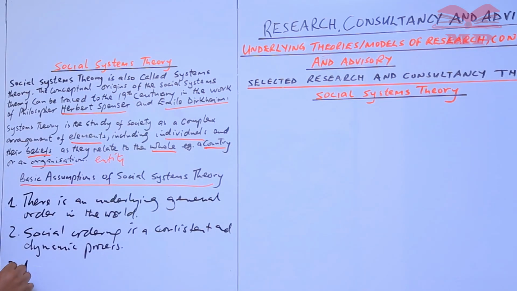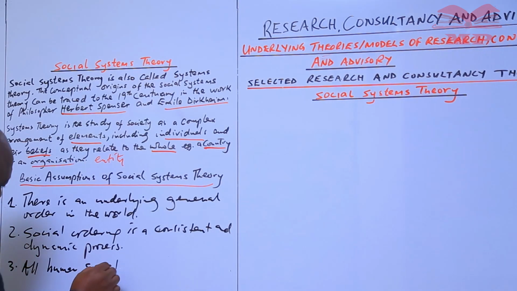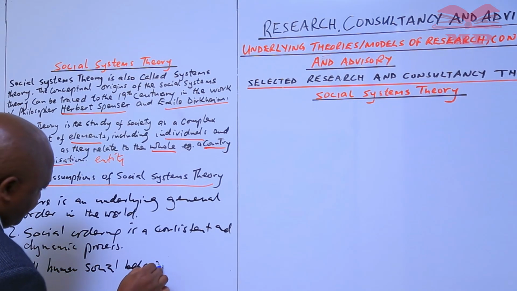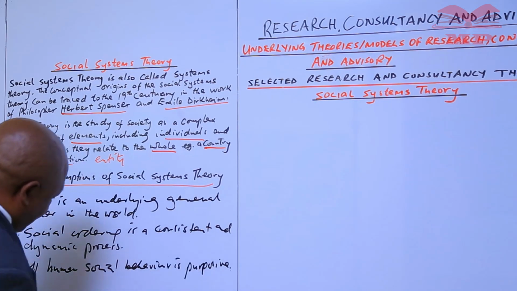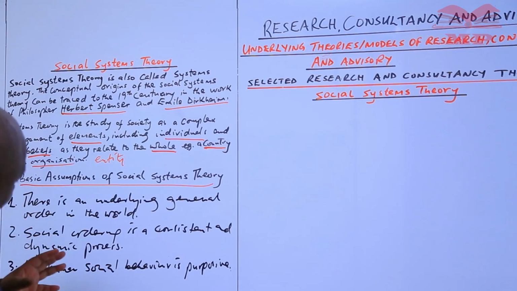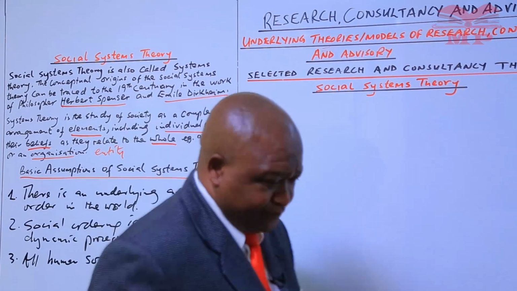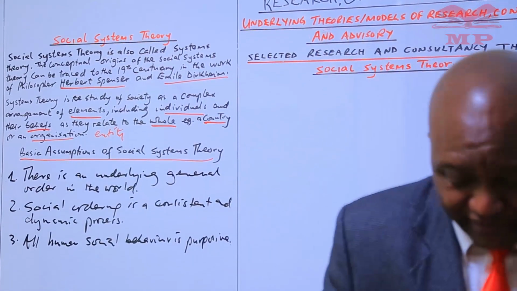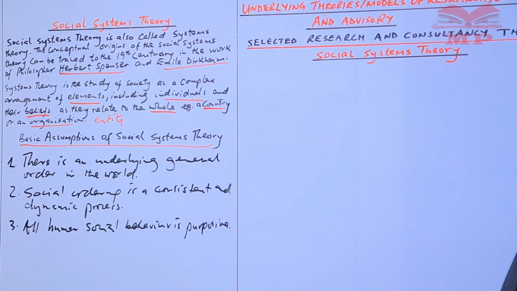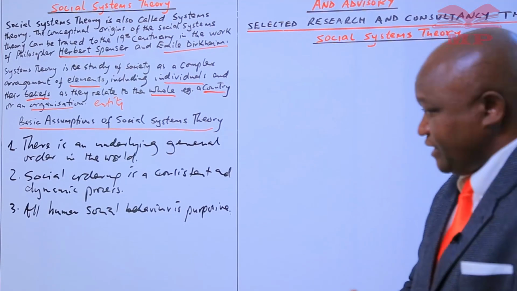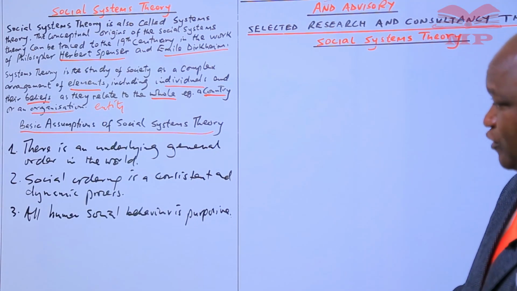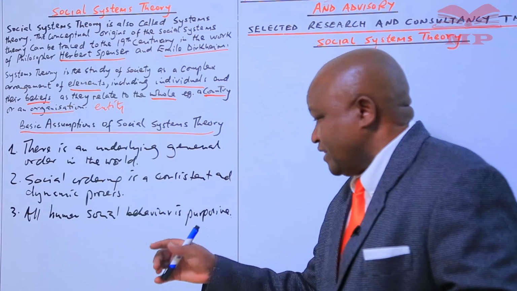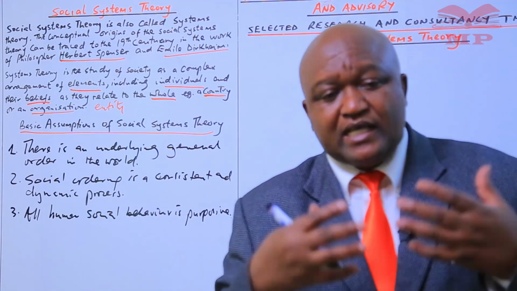What this indicates is that any behavior exhibited by an individual in a company, in a country, or in any system, whether it is a church or any group, is purposive.